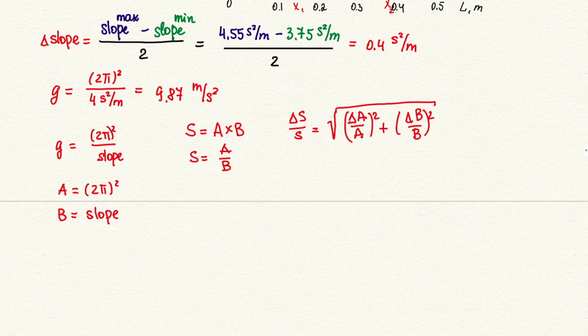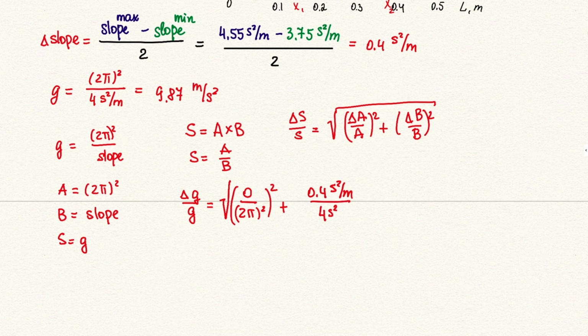So we know that S equals G, so then relative uncertainty in G equals the square root of uncertainty in 2 pi squared, which is 0, divided by 2 pi squared, which is just 0, plus uncertainty in slope, which we just calculated, 0.4 seconds squared per meter, divided by slope 4 seconds squared per meter, all squared.